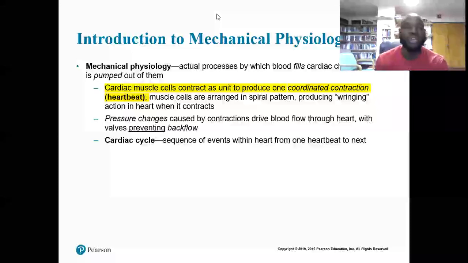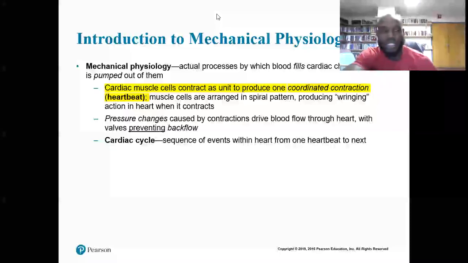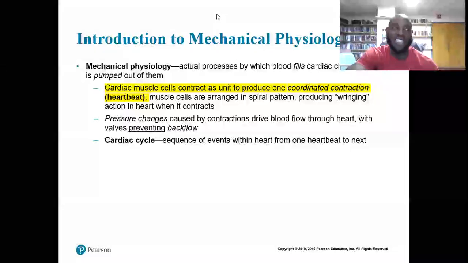Okay. The cardiac muscle cells contract as a unit to produce one coordinated contraction. Right. That's why they have those gap junctions that connect the different cardiac muscle cells so that they can communicate very quickly with each other and have a coordinated contraction, which is known as your heartbeat.